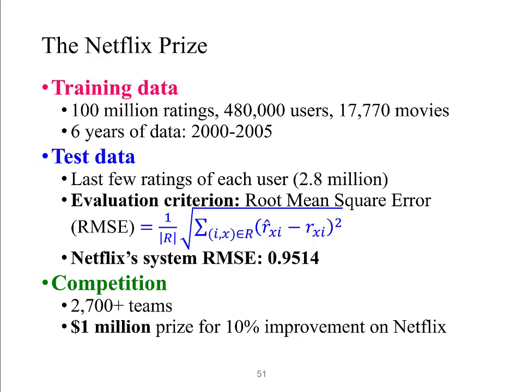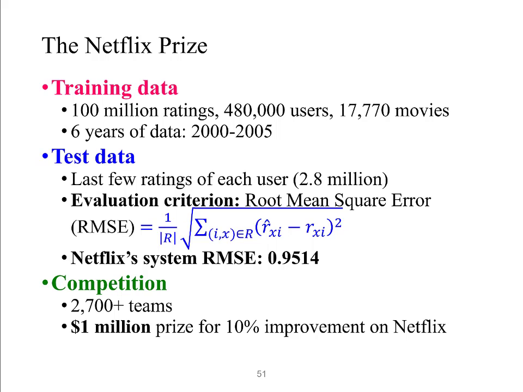Now let's have a look at the winner of the Netflix prize, which is a competition of recommender systems. Let's see how its recommendation system works. Just a few statistics about the Netflix prize.